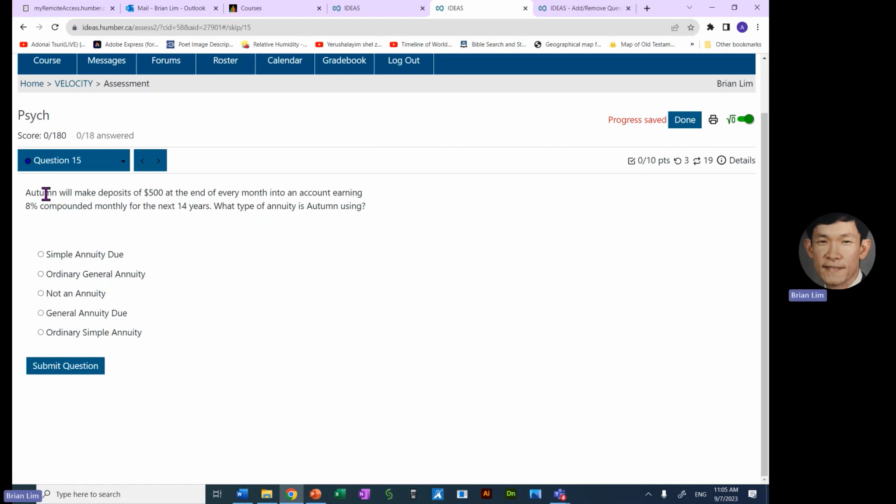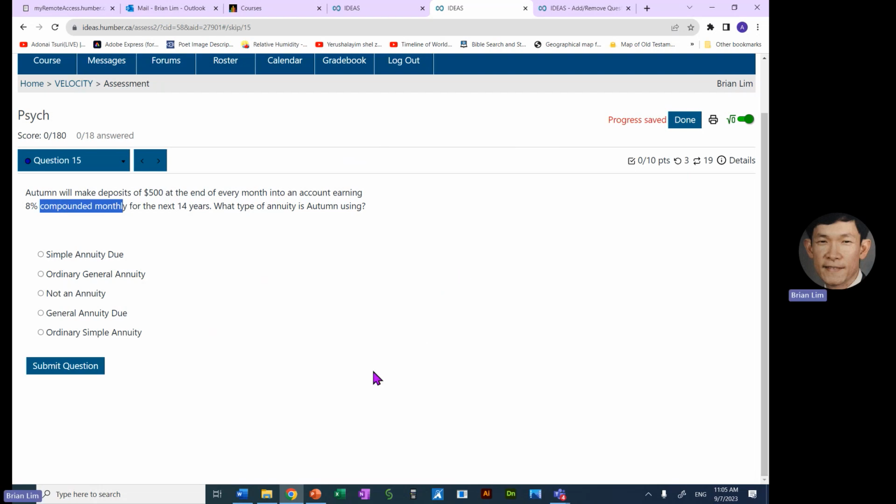So here we have, Autumn will make deposits of $500 at the end, you see the word end, of every month into an account earning 8% compounded monthly. Sorry, the payment is at the end of every month, and the compounding is monthly.